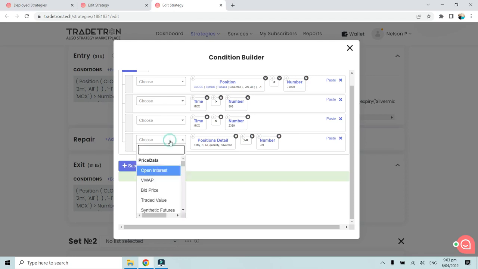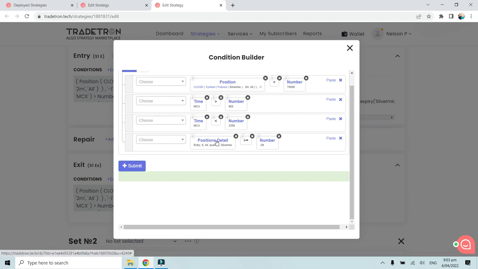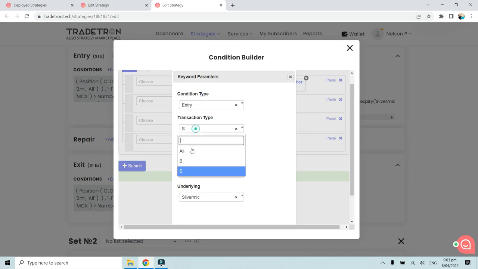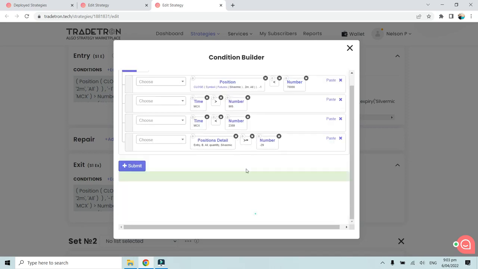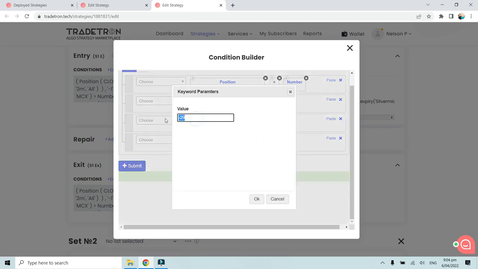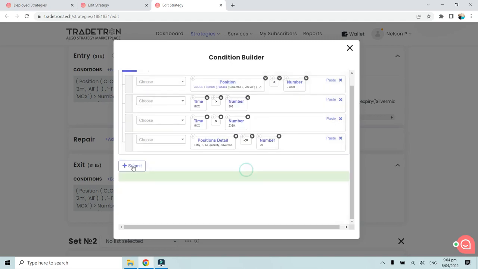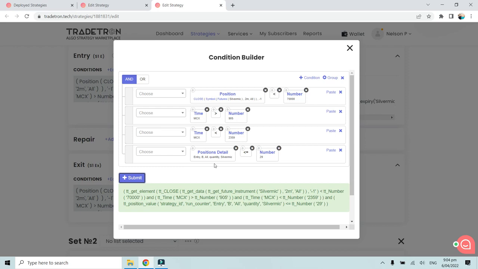Similarly, if it's a buy position, as we discussed, we will change this to buy, less than or equal to, say, 29. This will take entry only 30 times for the buy position.